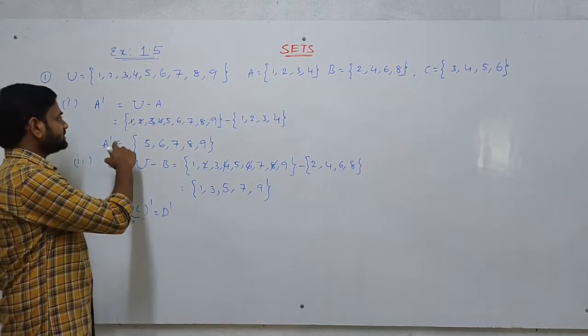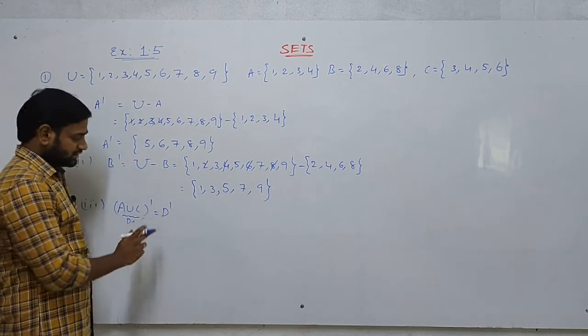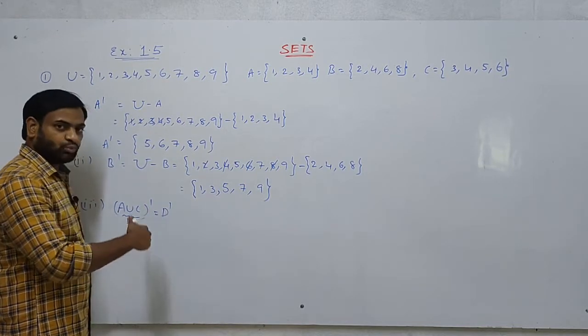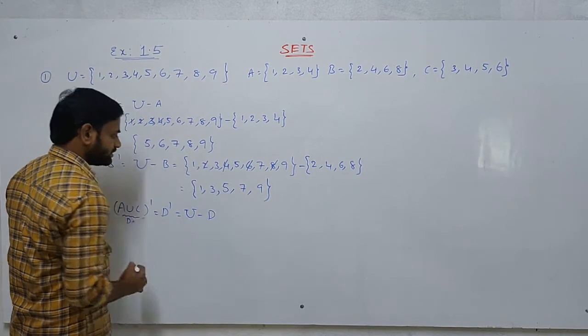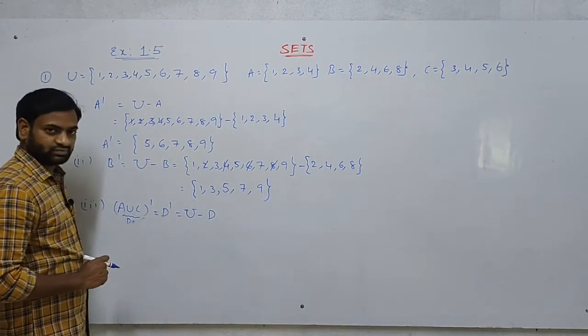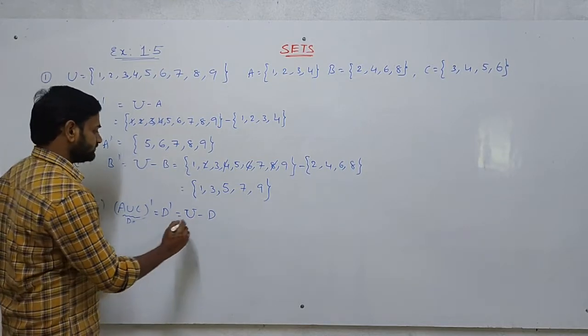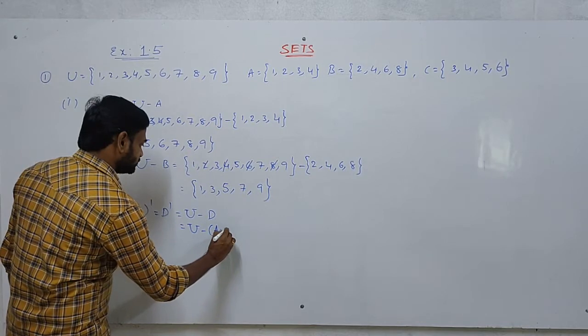A dash means U minus A, B dash means U minus B, D dash means U minus D. So what is D here? D is A union C. So we can write U minus A union C.